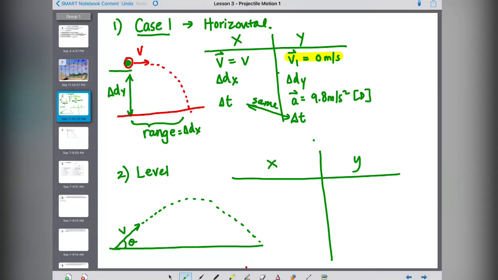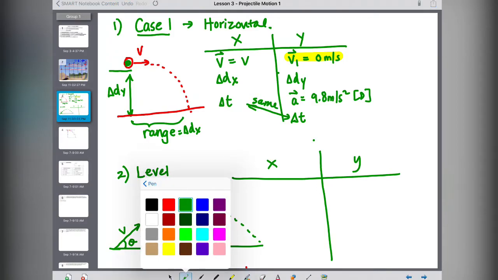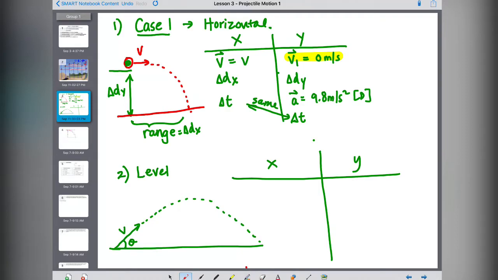Okay, x and y. So, what is the velocity along x and what's the velocity along y? This is the part where you have to break them into components, because part of it is going forward along x while going upward at the same time. So you actually could have figured out what is x, y. You're going to use the components that we talked about.